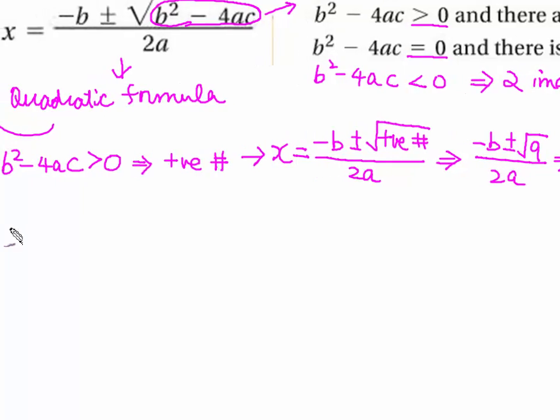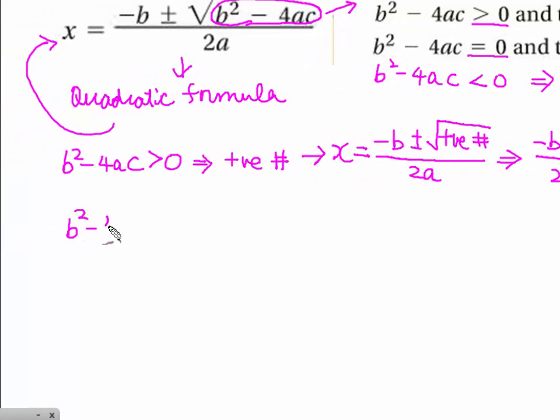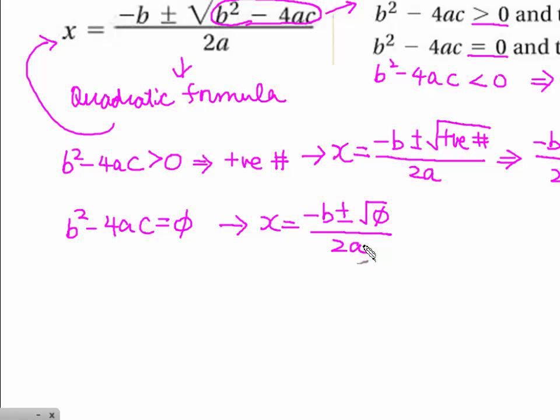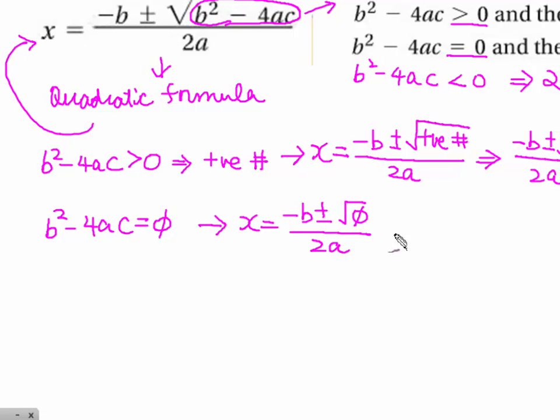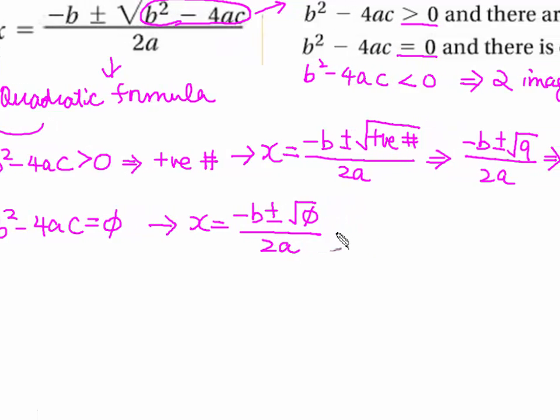Let's take a look at what happens if b squared minus 4ac is equal to 0 now. So we plug this value of 0 back into the quadratic formula, which gives us negative b plus and minus 0, because we said b squared minus 4ac equals 0, over 2a. Again, for now, I don't really care about b and a because they are real numbers, so they should end up real numbers.